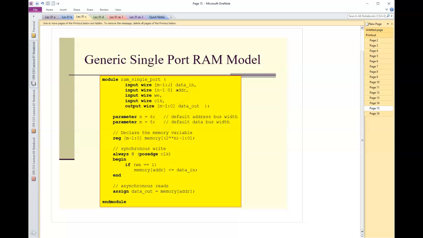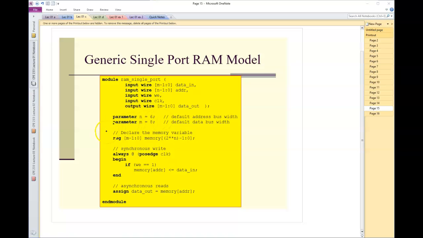The thing of interest here is the width of the data. The width of the data is this M value, which is used as an array, 0-based, 0 to M minus 1. M is 8, so it's 0 to 7, which is 8 bits long. That means the data coming on the input is 8 bits long, and of course the data going out is 8 bits long also.